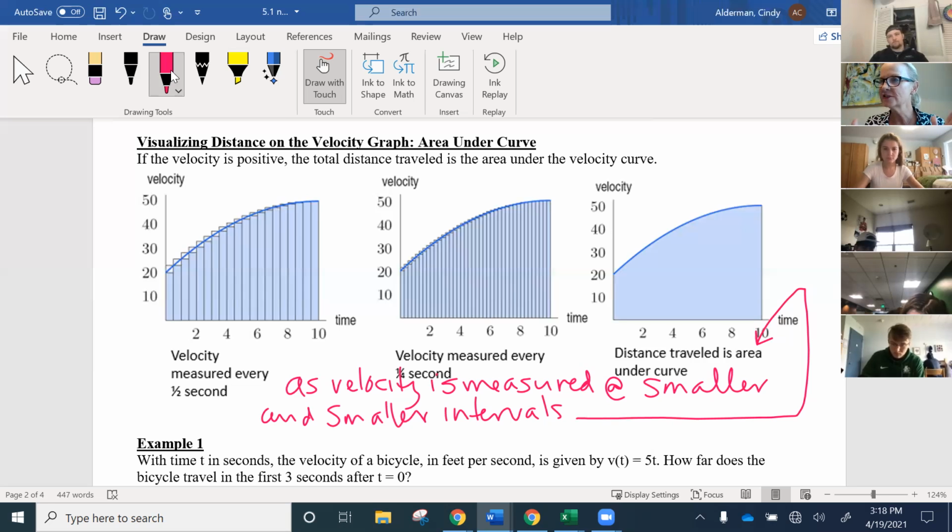And can you guys imagine that we could make skinnier and skinnier intervals until it's almost infinite, right? Which we'll go into next class. So can you guys buy that? Do you buy into the fact that if you make these rectangles infinitely skinnier, eventually you're going to get this curve? Yeah? Everybody believe that? Okay.